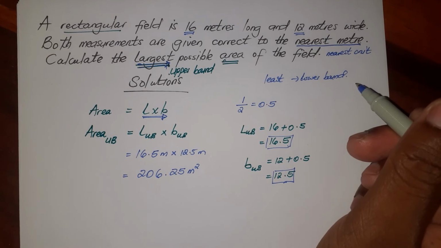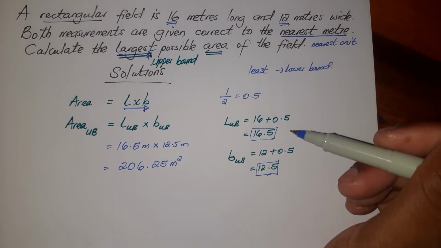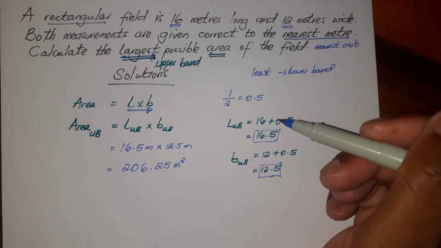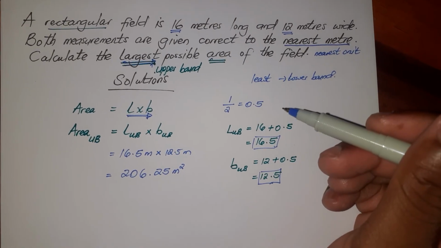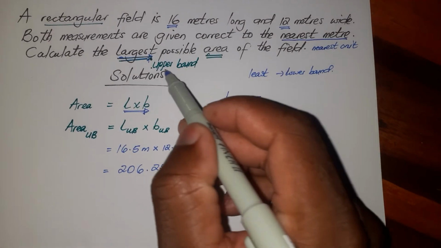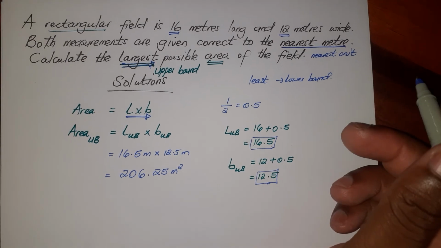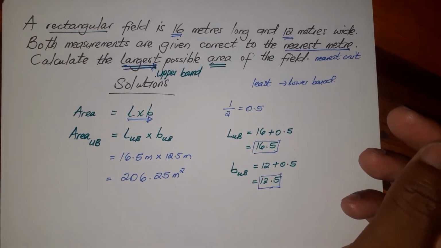This is also the same even when you're calculating formulas that maybe involve division or addition. As long as it says largest, you just have to get the upper bound of the two measurements. Where it says least, you get the lower bounds of the two measurements.